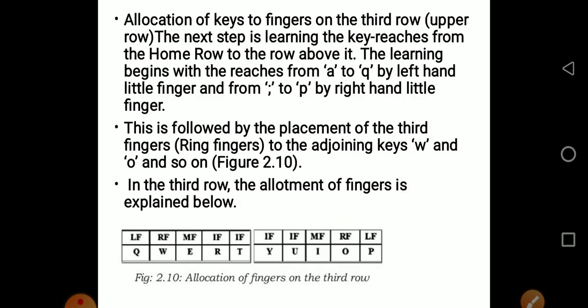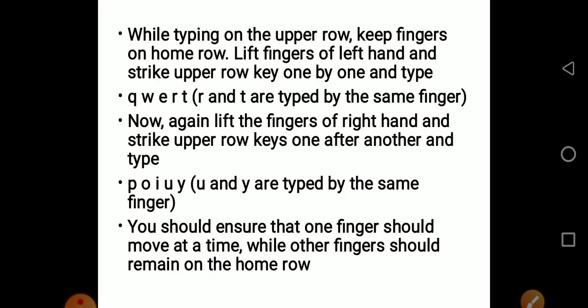As I told you earlier, this is the allocation of keys to fingers on the third row, the upper row. While typing on the upper row, keep fingers on the home row. When you type on the upper row, all other fingers have to be placed on the home row except the finger whose key you are going to press; that finger alone should move.